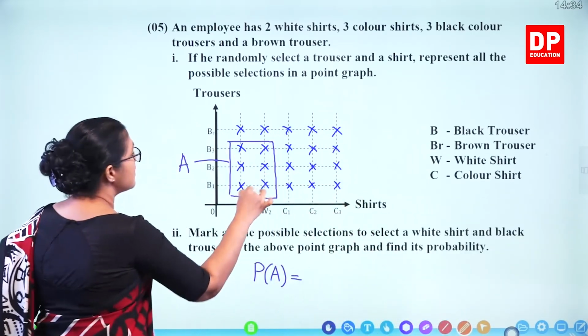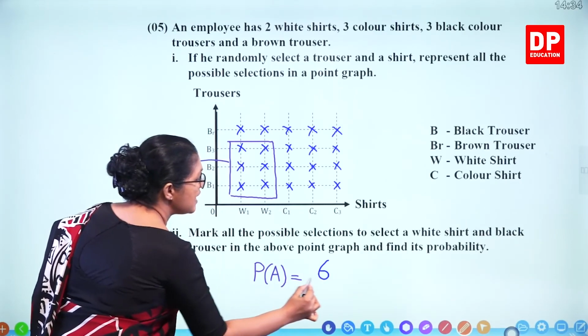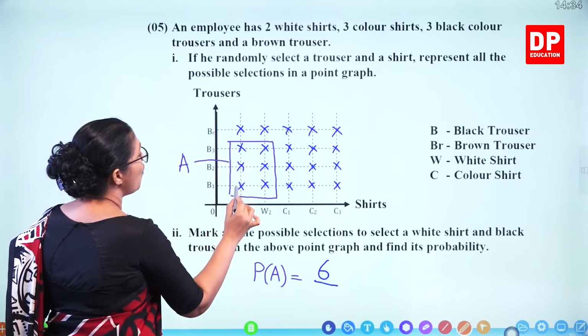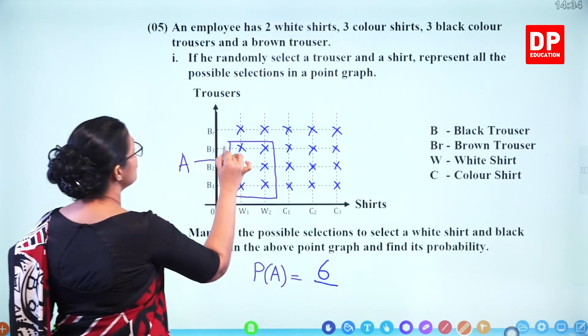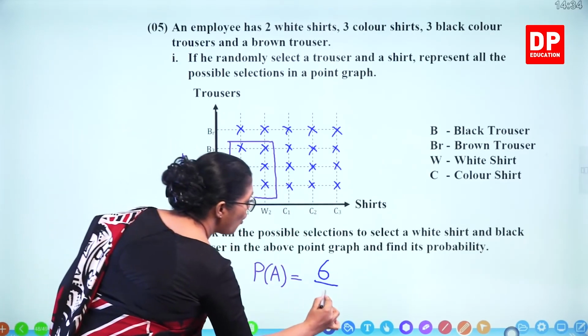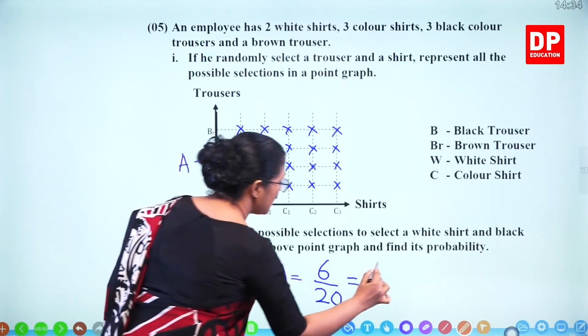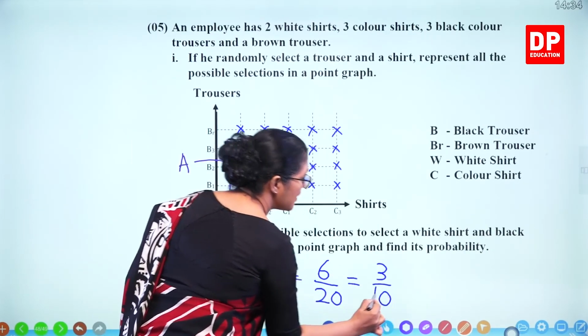Altogether 6 possibilities out of 5 times 4, that's 20. So when you simplify, you get 3 over 10.